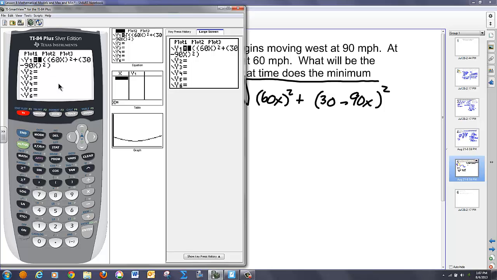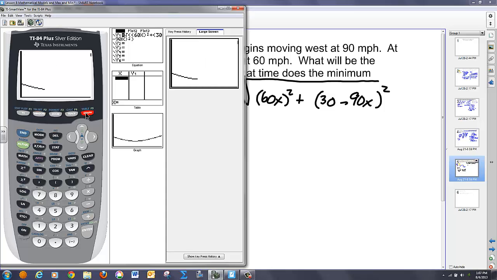So I'm going to look at x values in my window from 0 to a half an hour and see when in time that distance will be a minimum. And then I'll set my y values from 0 to 100 because we don't want negative values either.